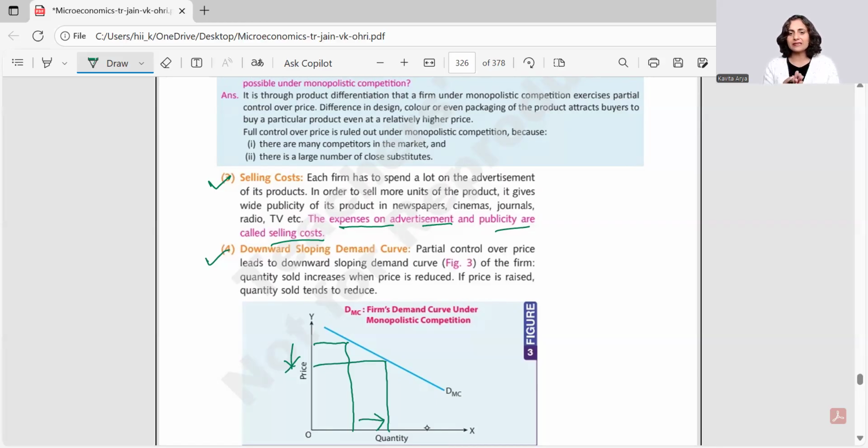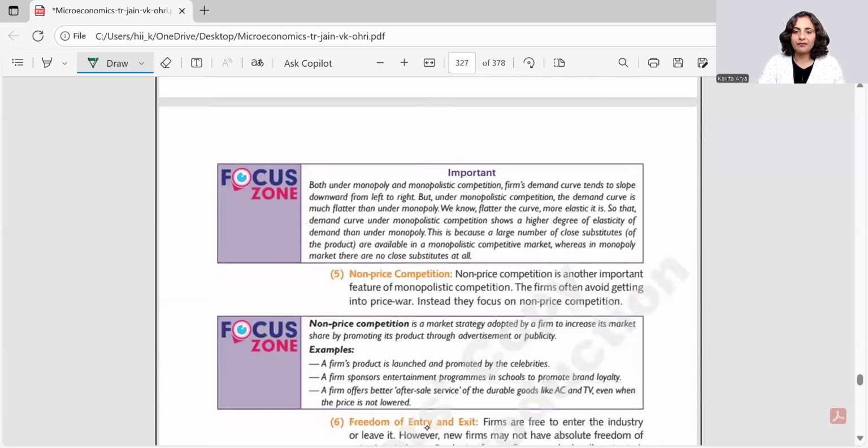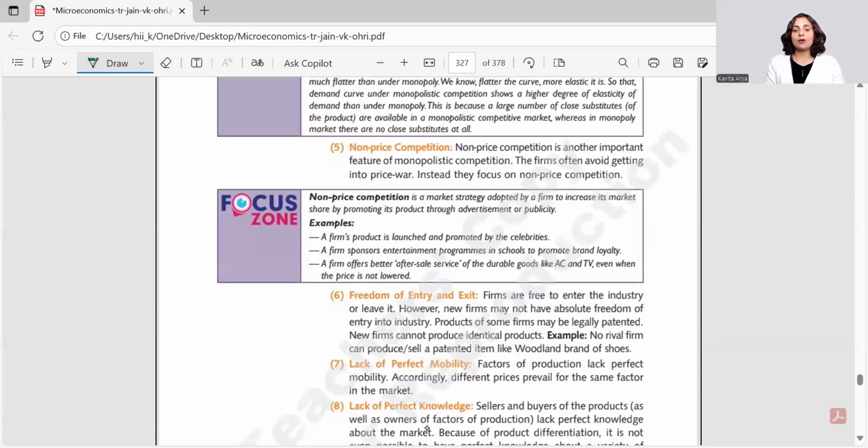With the absence of perfect knowledge on the part of the buyer, they are able to control a bit of prices, charge a bit extra, and hence sell their own product in the same market. Hence we say they have partial price control, not full, because if they charge heavily, others would definitely switch to their substitutes.